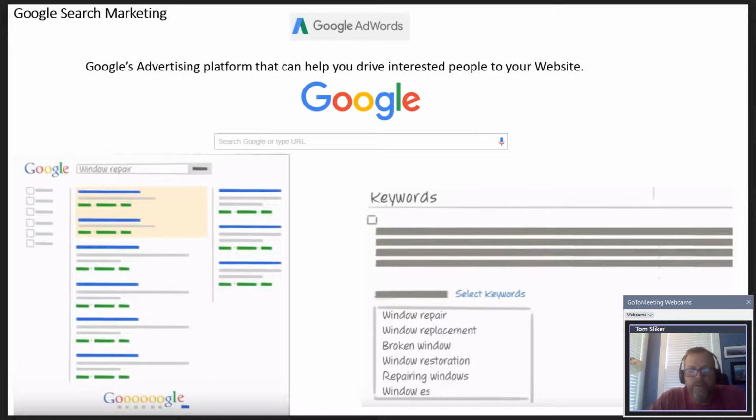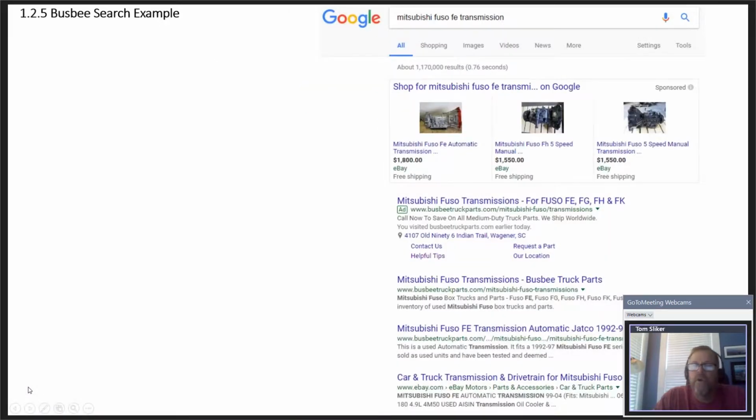I type in window repair, you are targeting window repair, and so I get to see your ad. In addition to keywords, there are things like location. Very likely if you're doing window repair, you're not advertising to the whole country, just to your locality. So that's an overview of how Google AdWords works.